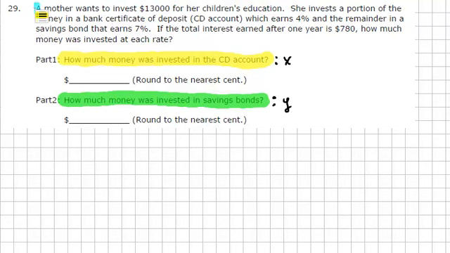The first sentence says a mother wants to invest a total of $13,000 for her children's education. Part of that is going to be in the CD account and the rest of it will be in savings bonds.